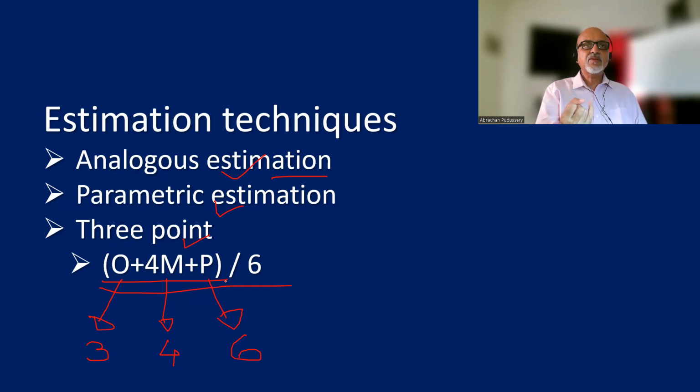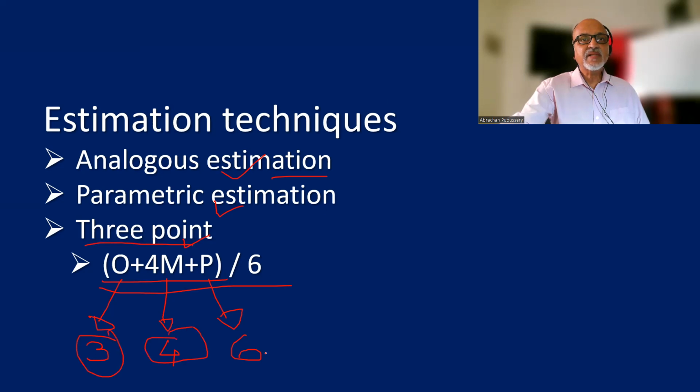In this case, it will be 3 plus 4 times most likely, that is 16, that is 19. 19 plus 6, 25 by 6. So it will be around 4 point something.